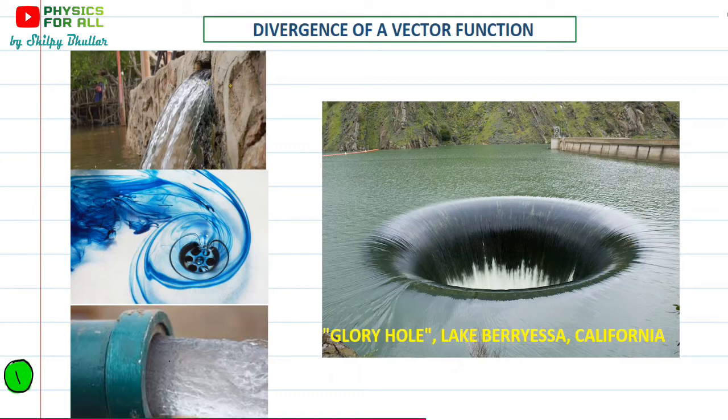But now you can see the moment it comes out of this opening, and water is coming out of it, it is diverging now, it's spreading out. So the amount of outward flux per unit volume of the surface is actually telling us that the moment water passes through this surface, it just spreads out.